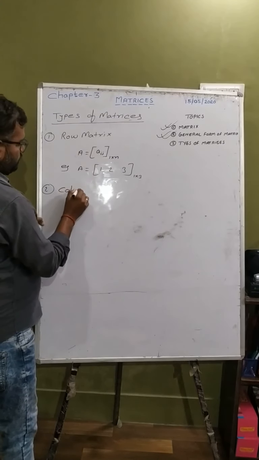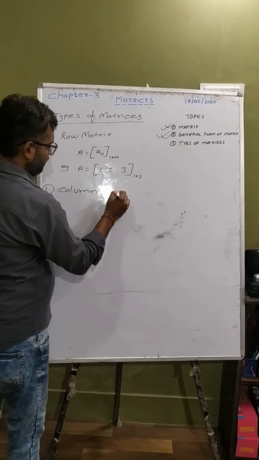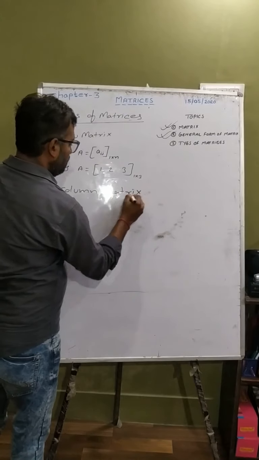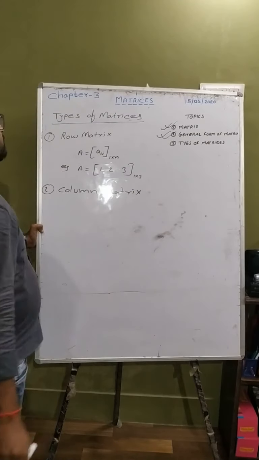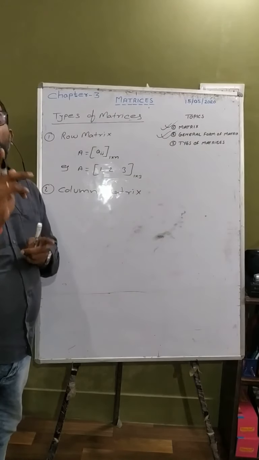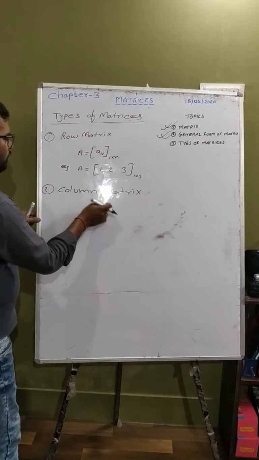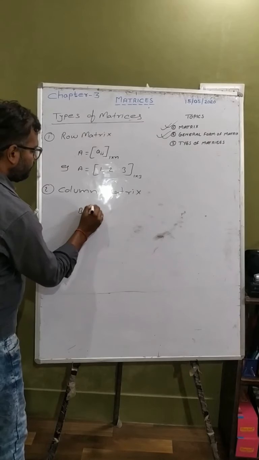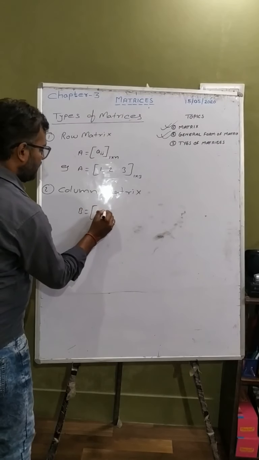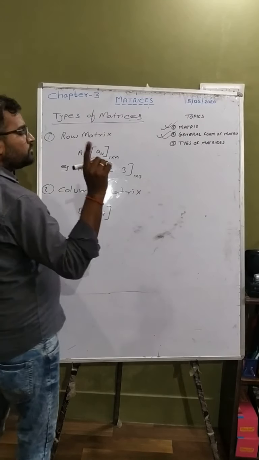Column matrix. A matrix having only one column is said to be the column matrix. What is the general form of the column matrix? Aij. How many columns must be there? 1.